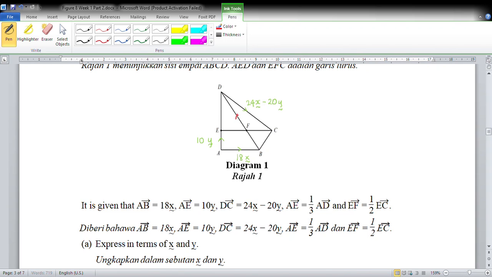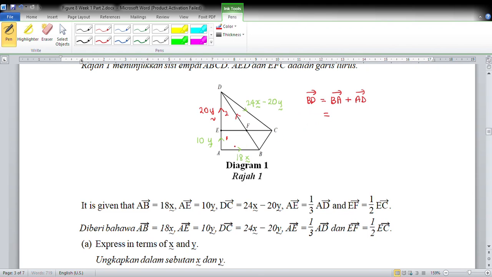This way, B to D. So your BD will be B to A to D. Just now we already said this is one part and this is 2 parts. So if one part is 10y, you know another 2 parts here will be 20y. Okay, so you can do it this way.